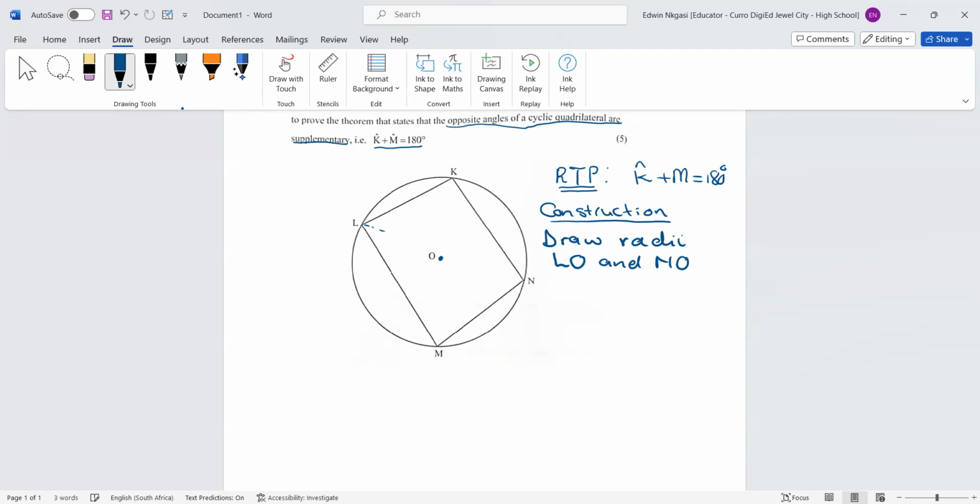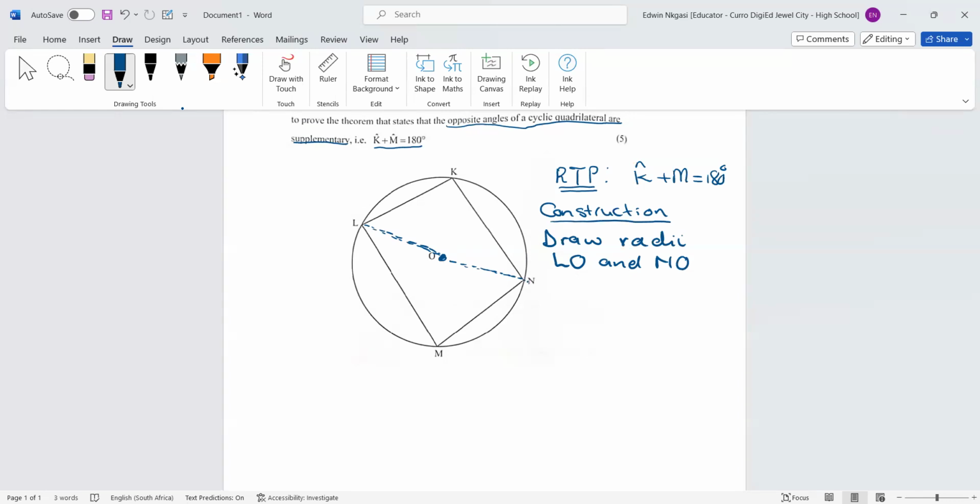So if you draw radii LO and LO, we go to the center and draw again there. If you notice here, what I did is that we come to that theorem that we've proven in our previous video, that the angle at the center of a circle... now we've created the angle at the center, and we have the angle at the circumference.